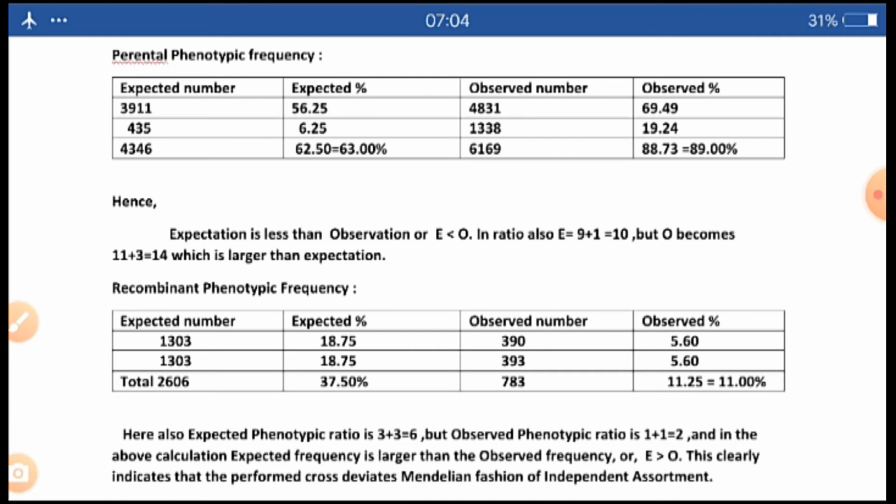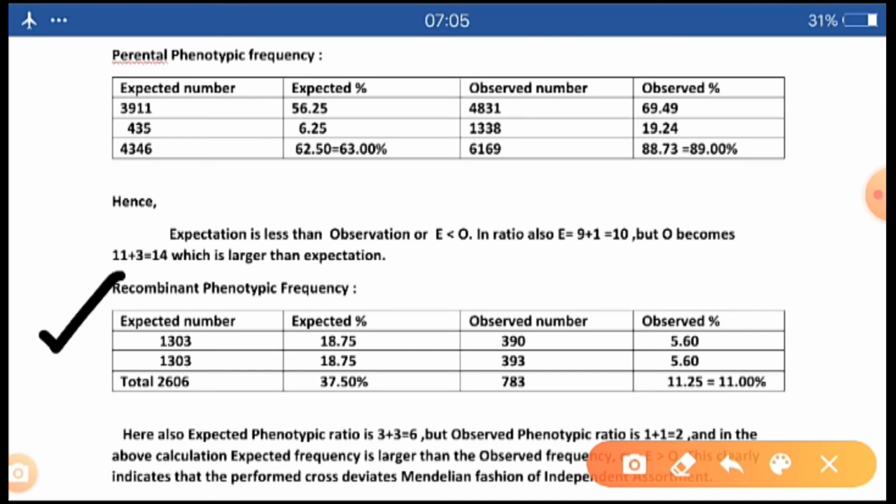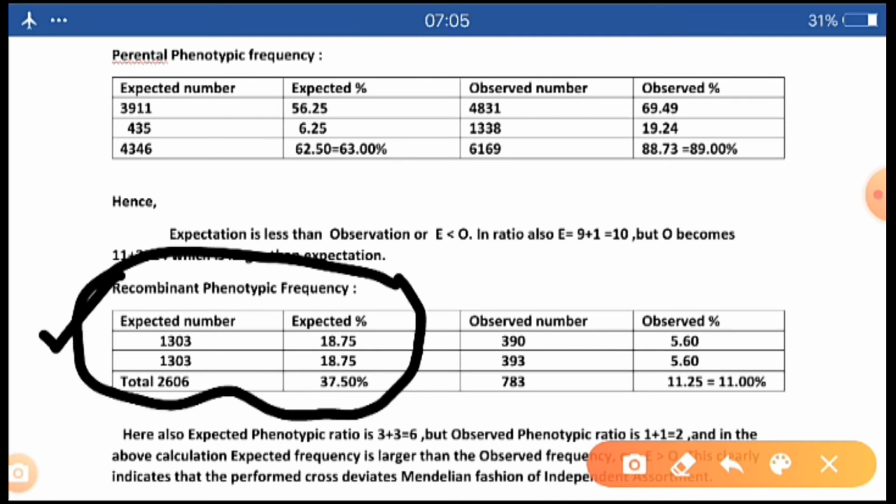Have a look at the other frequency, that is, the recombinant frequency. Here the recombinant phenotypic frequency at the F2 generation is tabulated. This one is the expected number and its percentile. Expected number will be 1303 plus 1303 equals 2606.